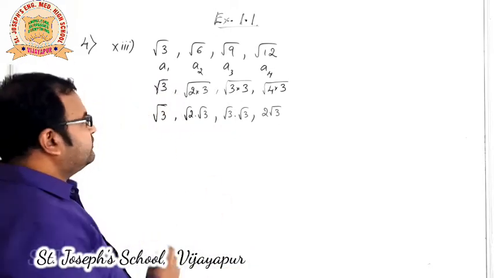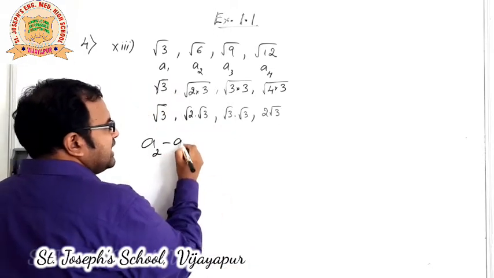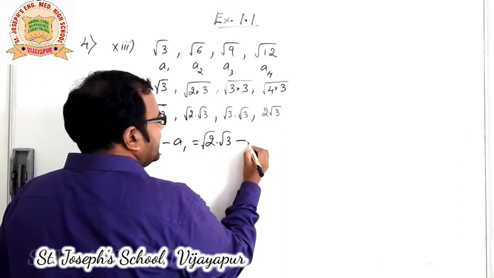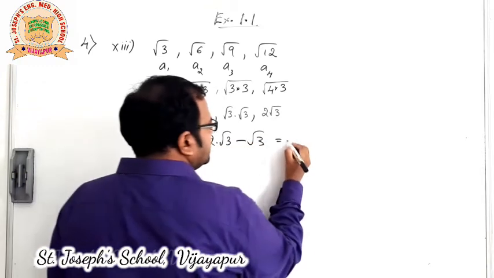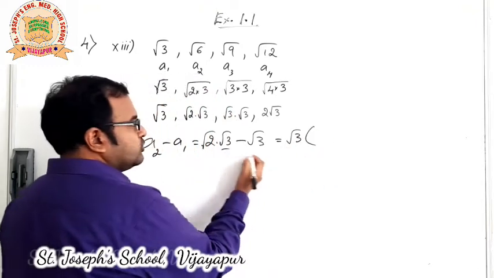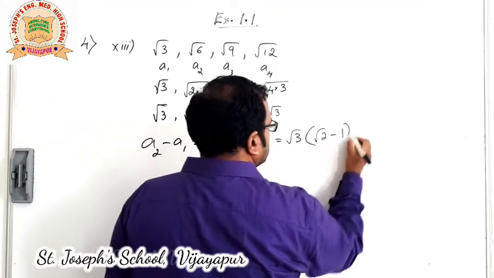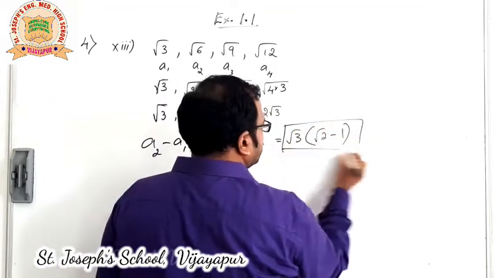Now have a look at this. First we go for a2 minus a1, which is root 2 into root 3 minus root 3. Common is root 3. So root 3 is common in both. What is left out is root 2 minus 1. So this is the first difference I get.